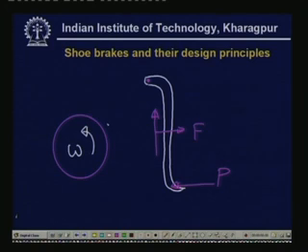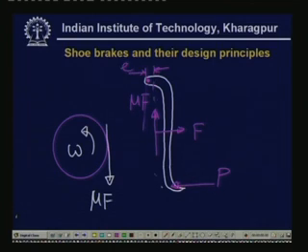Therefore on this drum, the friction force mu F acts over here, and similarly on this lever the friction force will be mu F over here, and there is an offset E between these two lines of actions.